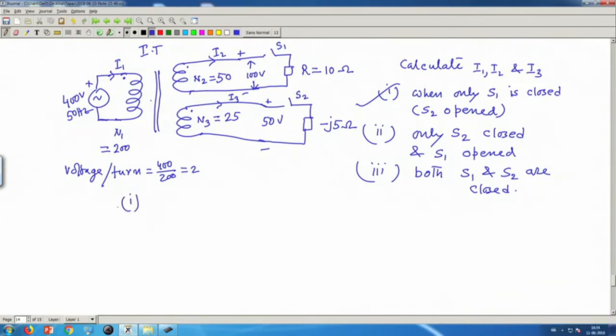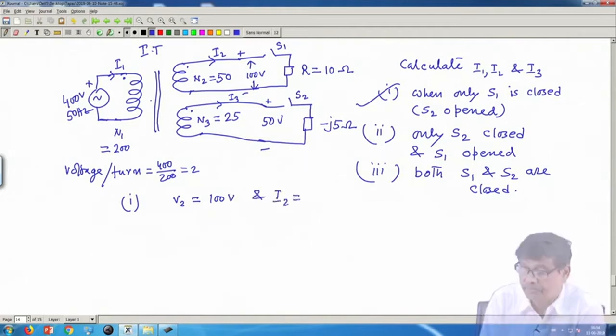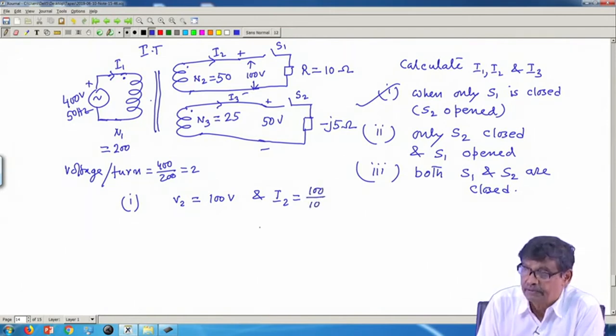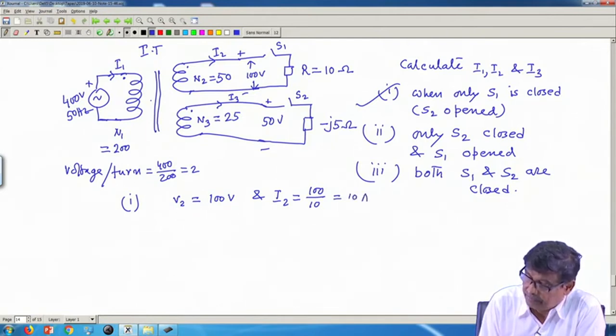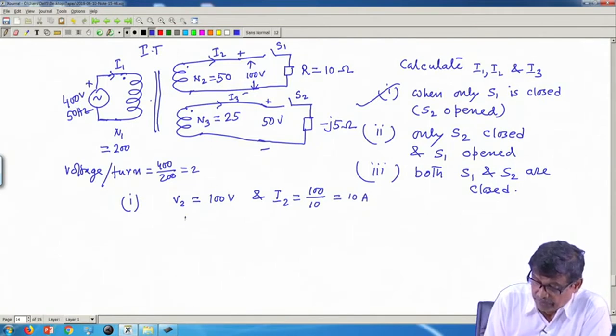Here you will get V 2 equal to 100 volt and I 2 will be equal to 100 by 10, that is 10 ampere, and I 3 of course will be 0.